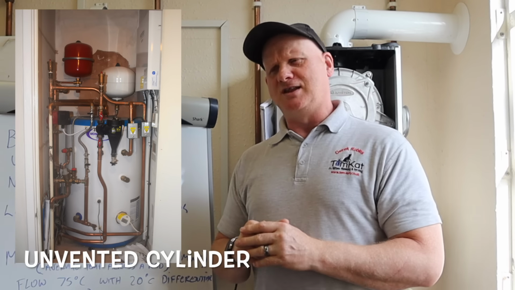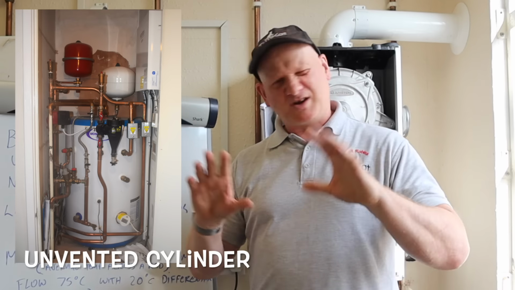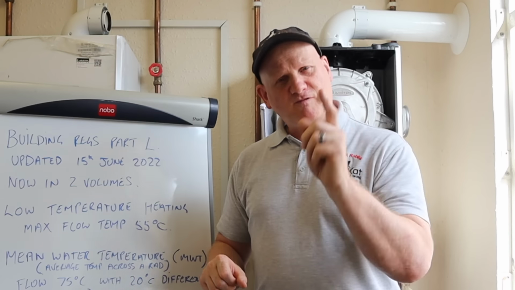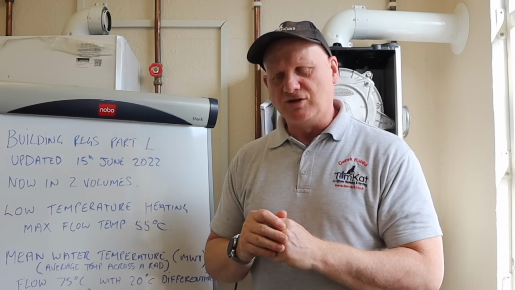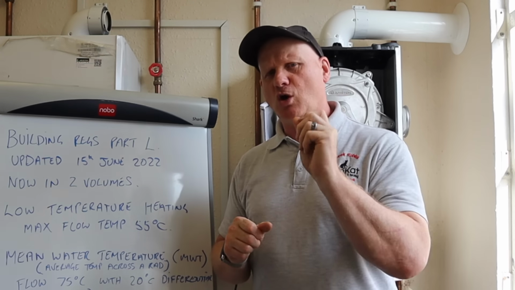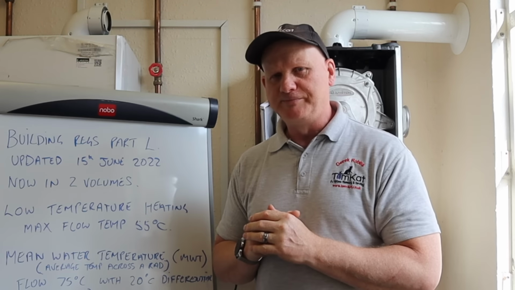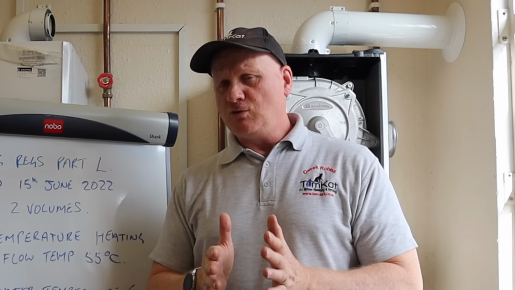And there's two types of cylinders. We've got vented and unvented, but we don't need to go down there. So before you start adjusting your flow temperatures, just make sure you know what type of boiler you've got. So now, hopefully you understand which boiler you've got.